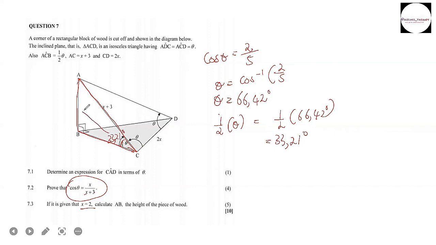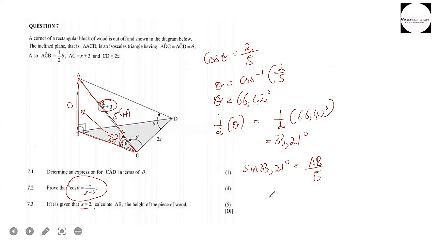Now that we have the angle here, 33.21 degrees, to calculate AB we can say opposite, but then we are given what? The hypotenuse. Remember, this is 2 plus 3, which is 5. So we are given the opposite and the hypotenuse side, which means we must use the trig ratio sine. So sine 33.21 degrees is equal to our opposite, AB, over our hypotenuse, 5.